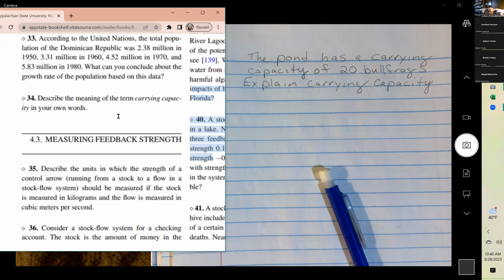Any questions on that? So, would a good way to word it be to say that there is enough renewable resources in the pond to sustain 20 bullfrogs? Yes, I think that's a good one.